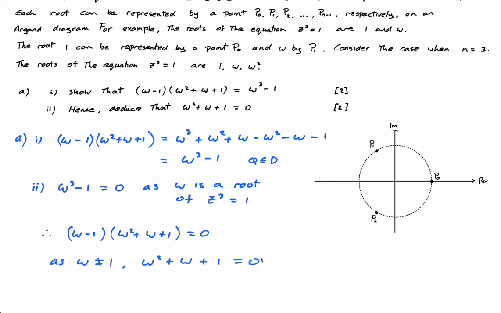Yeah, you do need to say why this is 0, and you do need to say why it has to be this part that's equal to 0, because this can't equal 1, therefore this bit can't equal 0. Okay, that's part A. I often say the part A's are simple, but actually that part 2 was not simple. So this is probably going to be a challenging question, but here we go.